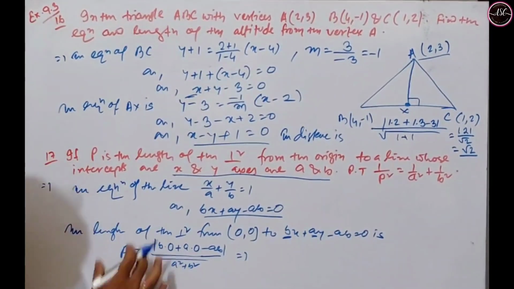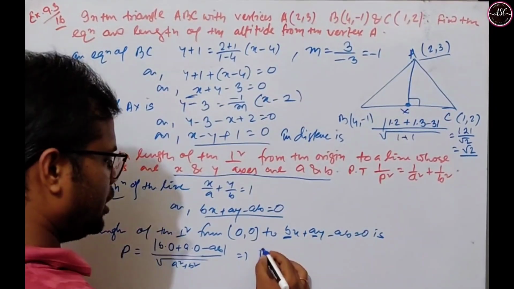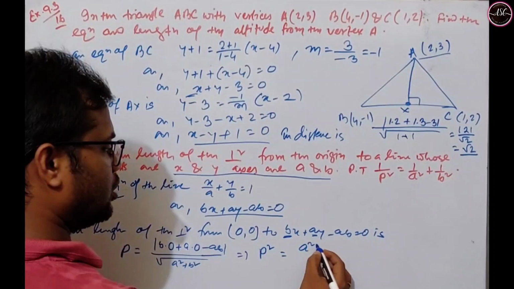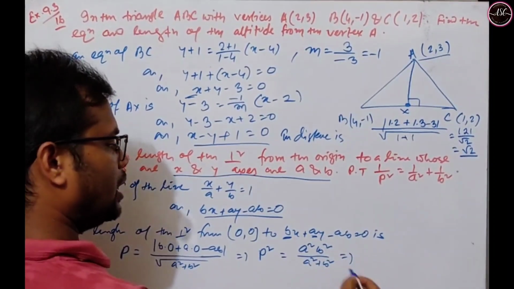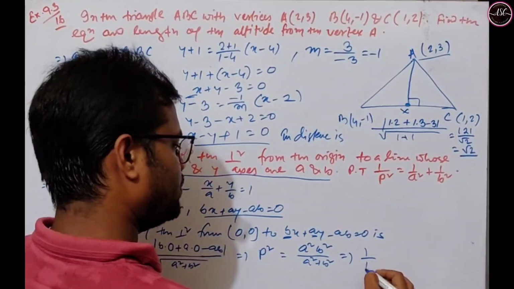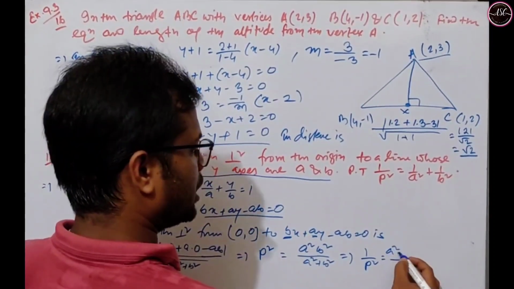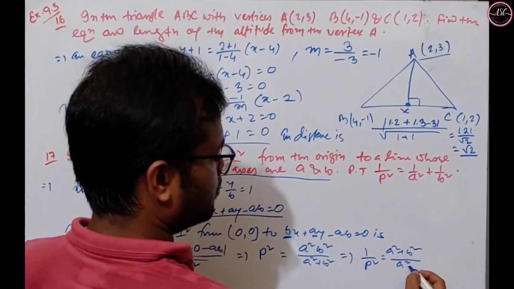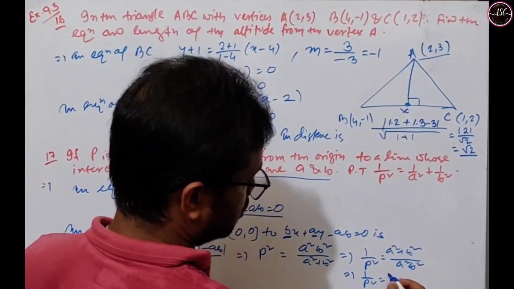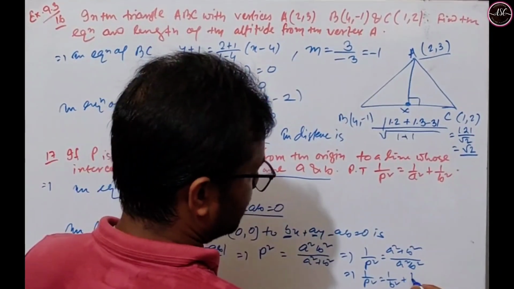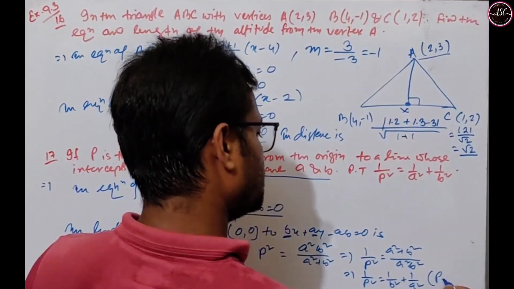Okay. Now squaring both sides, we get p square equals a square b square divided by a square plus b square. Now taking the reciprocal, we get 1 by p square equals (a square plus b square) divided by a square b square. By solving this, we get 1 by p square equals 1 by b square plus 1 by a square. Proved.